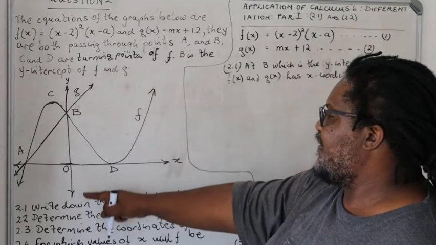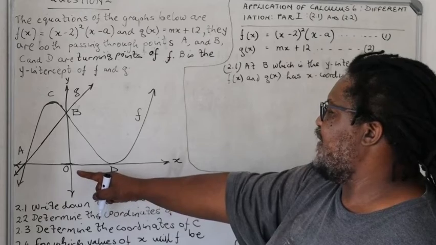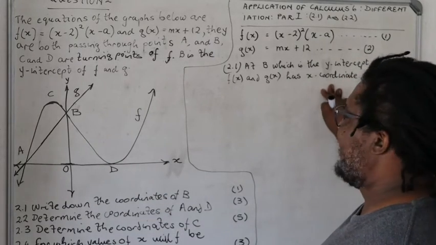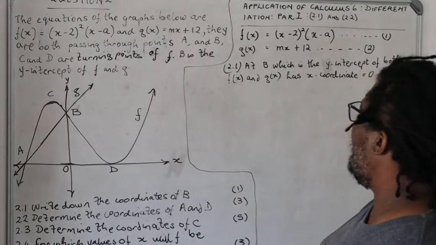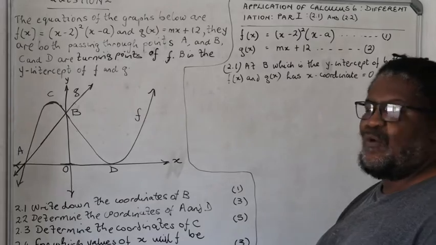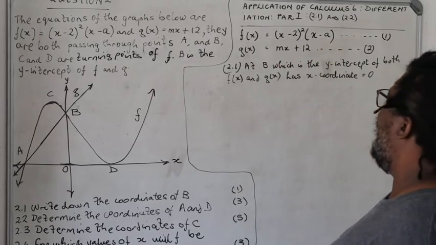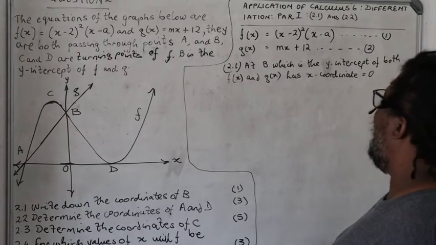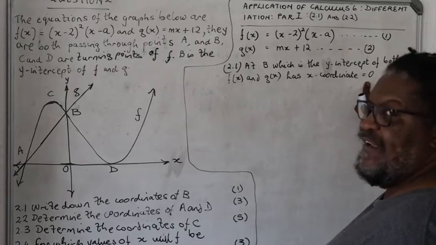The y-axis is the equation of the line x = 0. So we already know the x coordinate. What we need is to get the y coordinate. And for us to get the y coordinate, we look at our equations and see which equation can give us immediately the value of y by substituting 0 into the position of x.